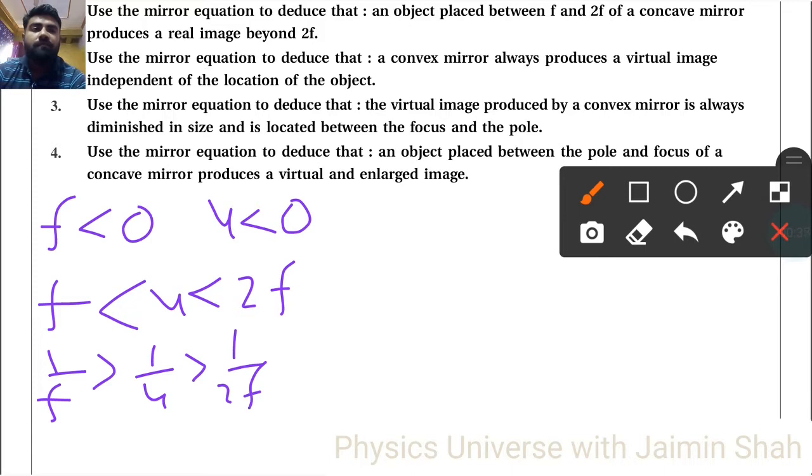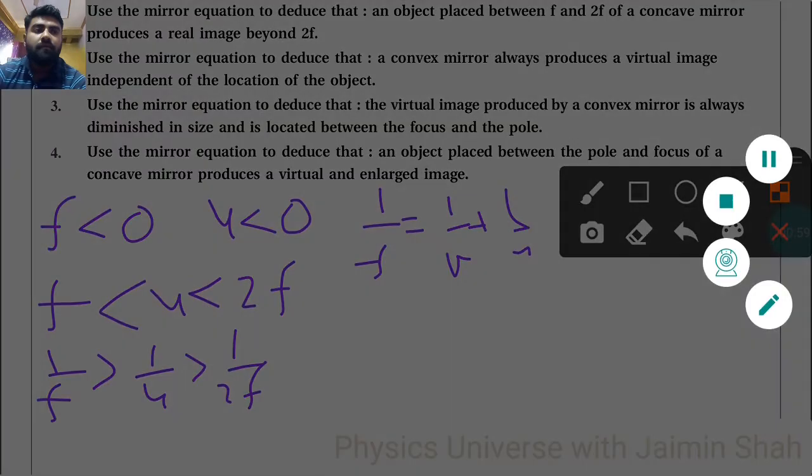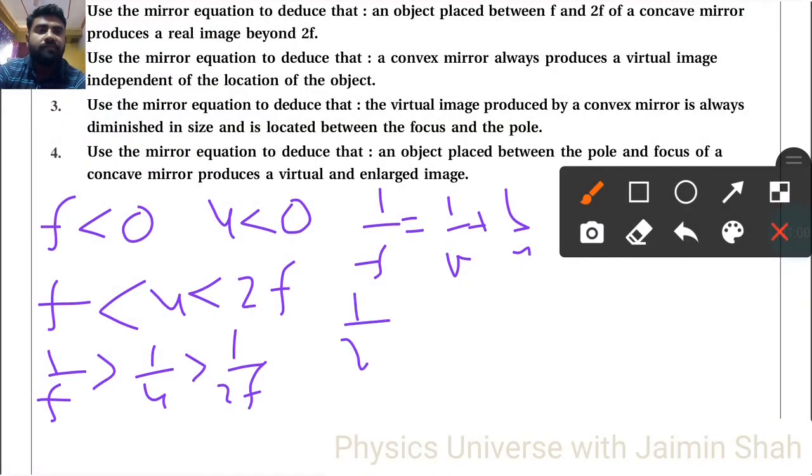Now to find v, 1 upon f is equal to 1 upon v plus 1 upon u. So we make 1 upon v the subject: 1 upon v is equal to 1 upon f minus 1 upon u.